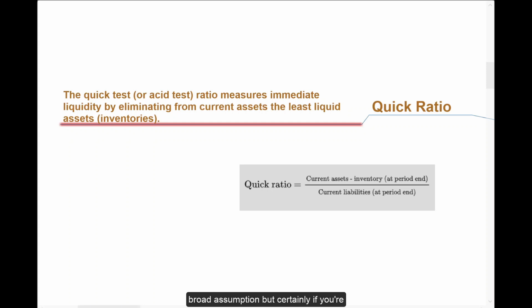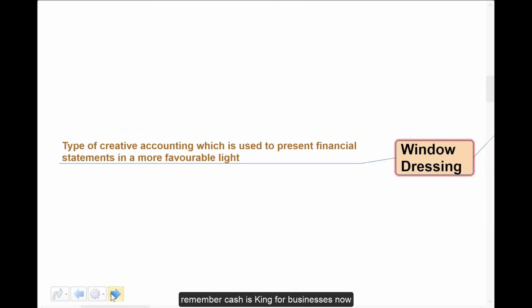Now that's a broad assumption, but if you're looking at a business where the current ratio or even the quick ratio are both less than 1, then you would probably be worried, because your ability to cater for short-term liabilities, i.e. current liabilities, is lessened, because current liabilities are more than your current assets, or more than your current assets less inventory. So liquidity is important. Remember, cash is king for businesses.